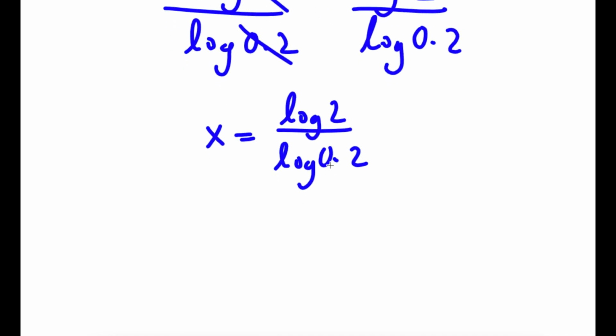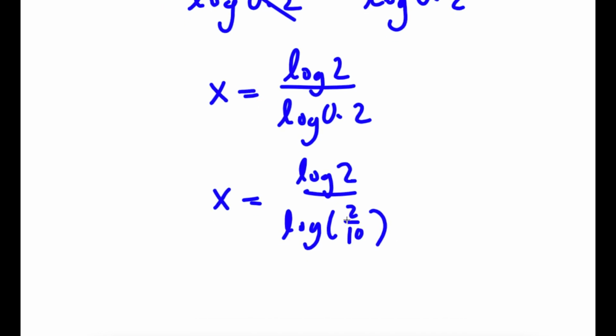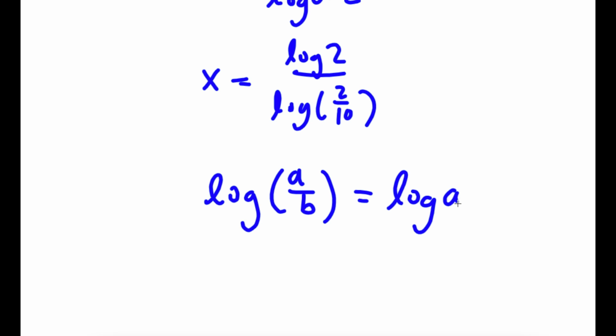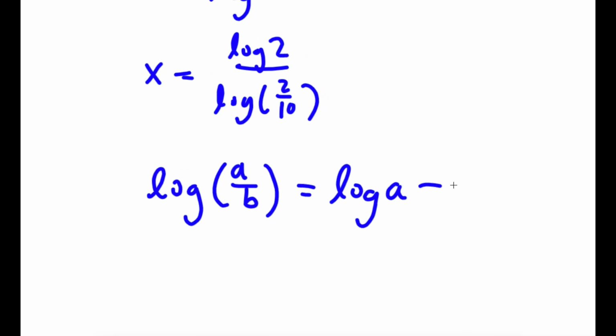Now, if you notice here, log 0.2 is the same thing as log of 2 over 10. And if I have something in the form log a over b, this is simply equal to log a minus log b.